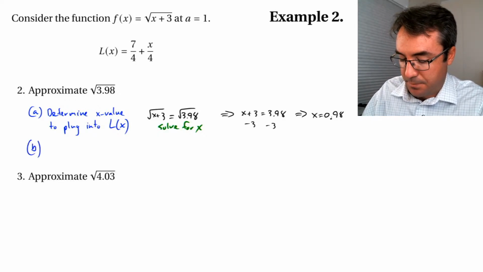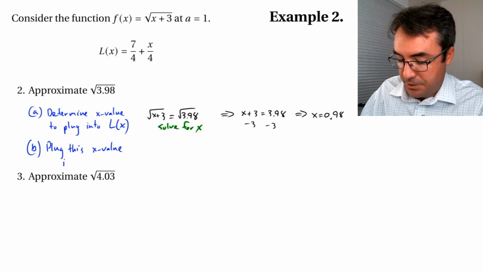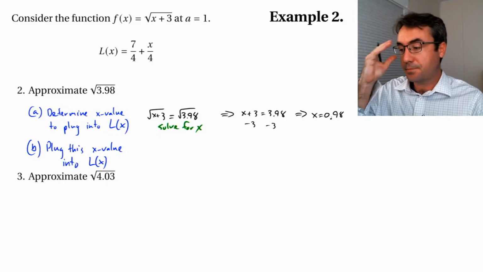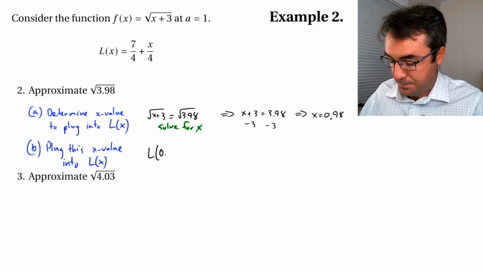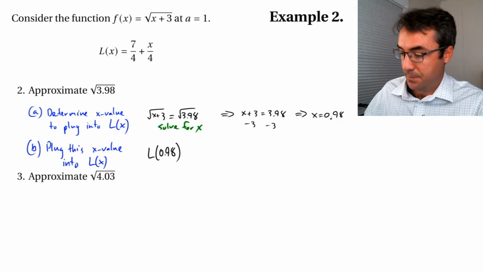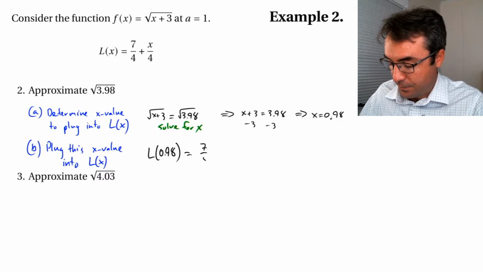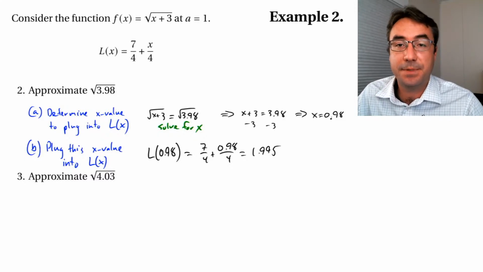So that's the second part. We're going to plug that x value into our linearization L of x. So let's do that. We're going to take 0.98 and plug it into our function L. When we do that, we get 7 over 4 plus 0.98 over 4. And doing the calculation, that is 1.995 exactly.